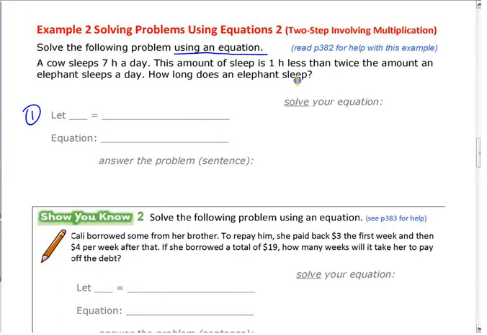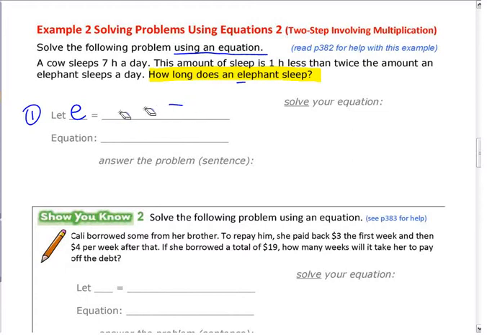What's the unknown number? We know how long the cow sleeps. What don't we know? How long the elephant sleeps, right? Now don't just say E equals elephant. You can pick a variable, but you probably want to pick something that makes sense.